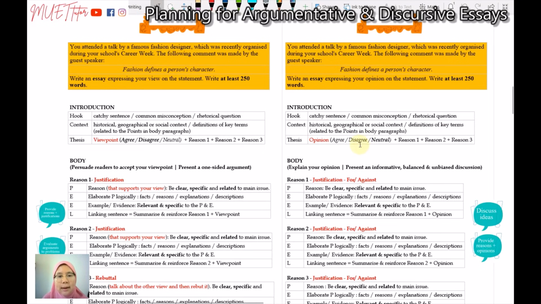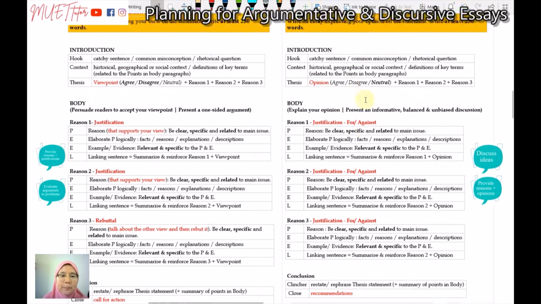In terms of stance, both types can agree, disagree, or be neutral towards the given statement, but usually argumentative tends to openly agree or disagree, while discursive appears to be neutral towards the statement.